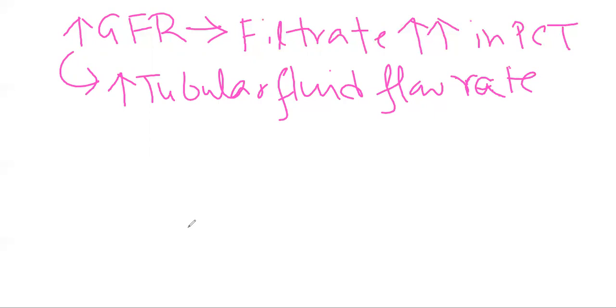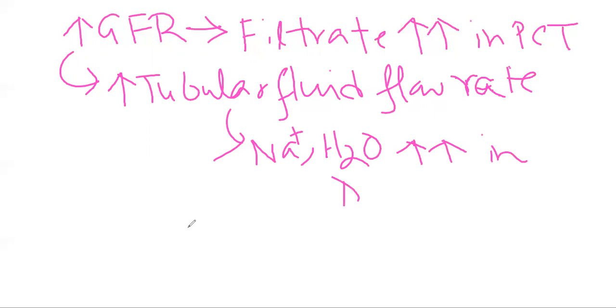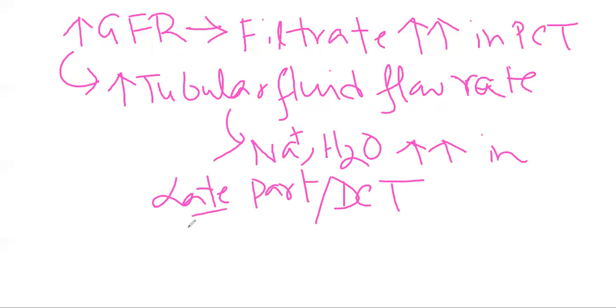And as a result of this, the maximum amount of sodium ions, other solutes and water will eventually come into the distal part of the nephron, or the late part of the thick ascending limb of the loop of Henle.